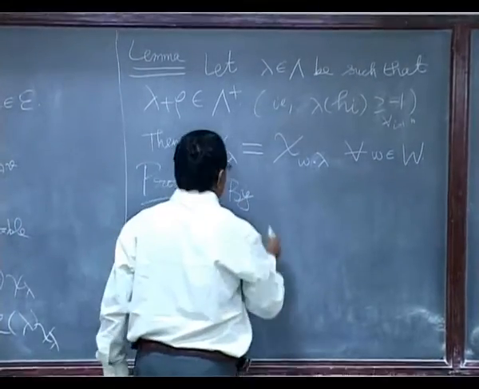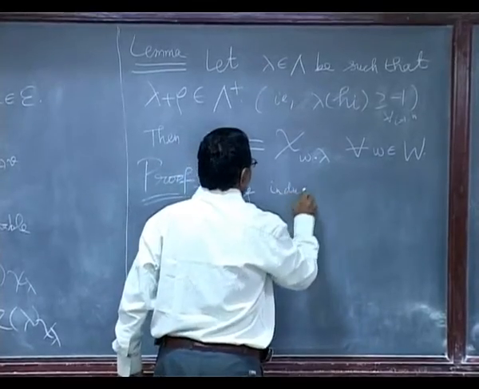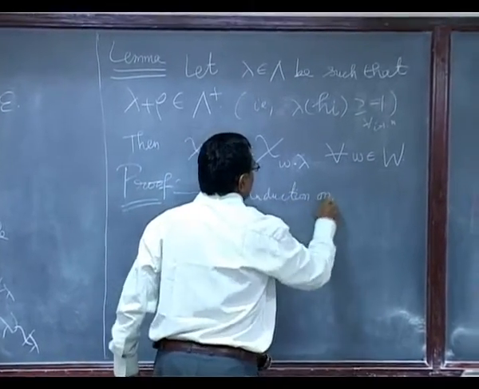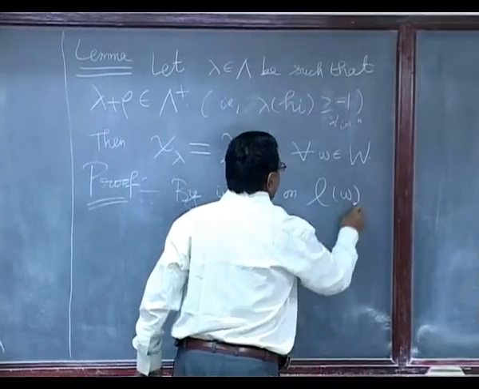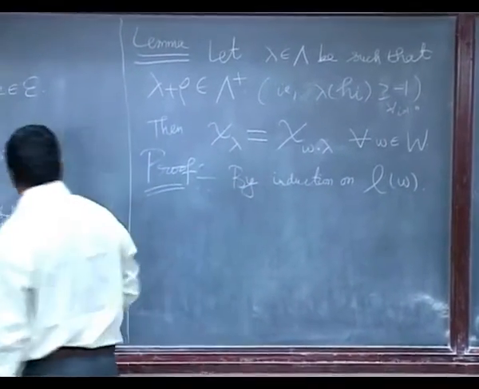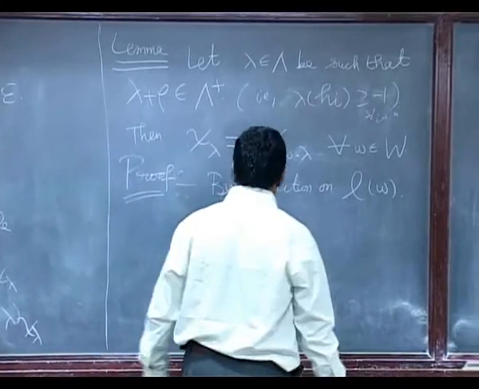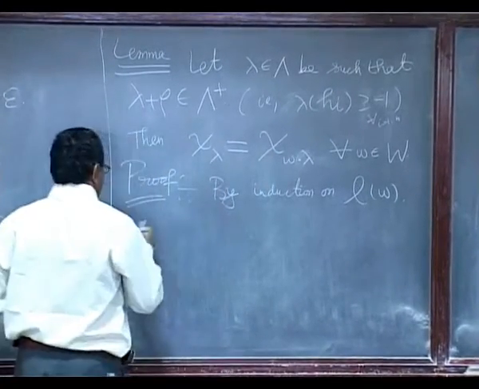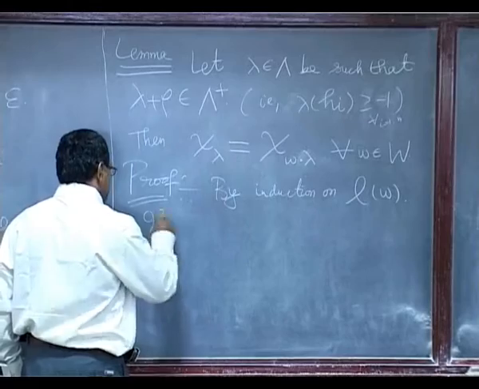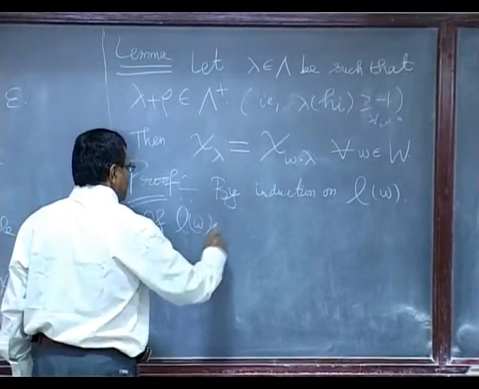The proof is by induction on the length of w. There is a length function on the Weyl group, so I use that. Take a reduced, minimal expression. If the length of w is 0, there is nothing to prove.